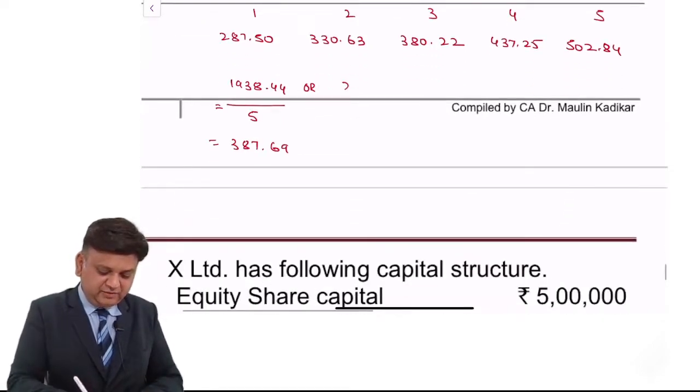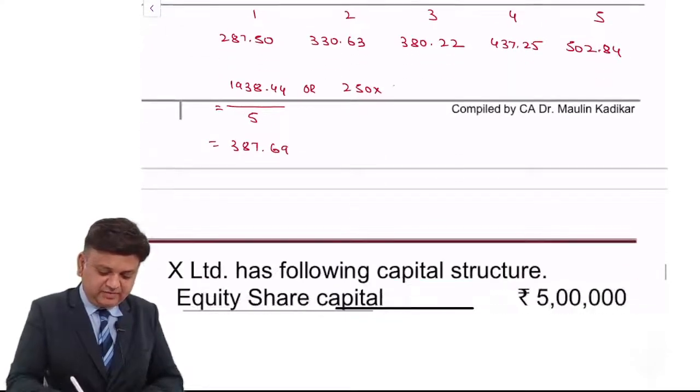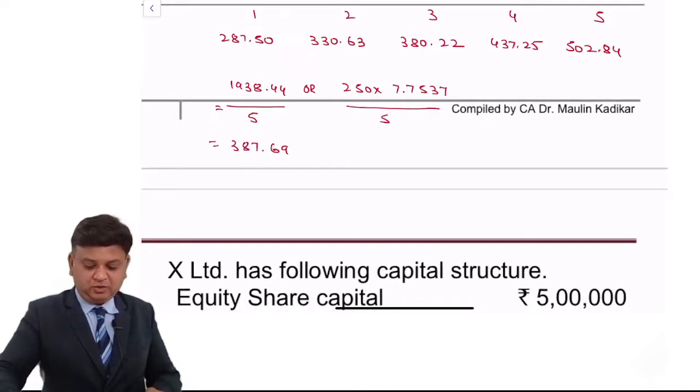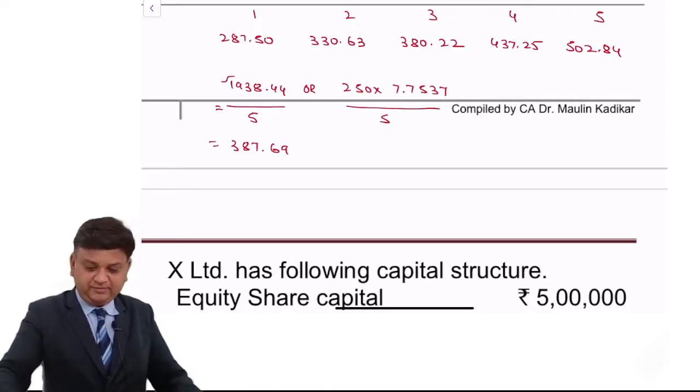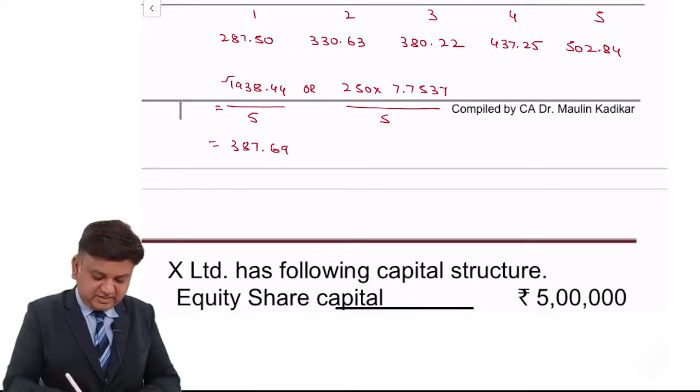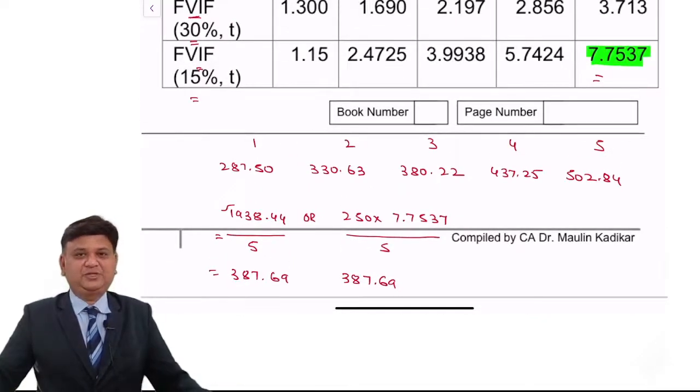It is 250 into 7.7537 divided by 5. So use your calculator. 250 into 7.7537 comes to 1938.425, divided by 5. That comes to 387.69. That is the way we can make the calculation.